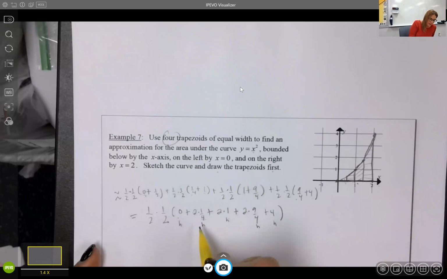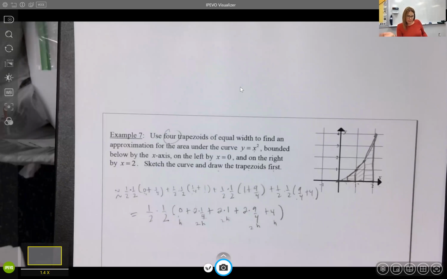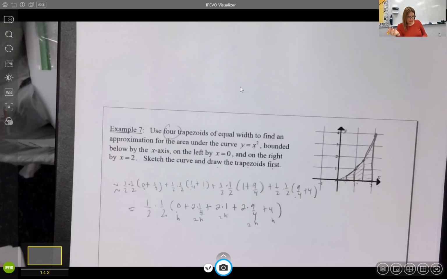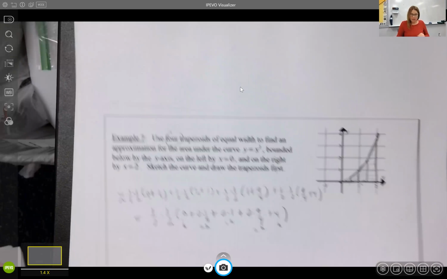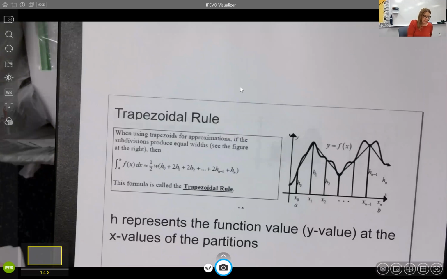But this one was doubled, and this one was doubled, and this one was doubled. So that's going to work for every trapezoid. So we come up with the trapezoidal rule by following this pattern. It's a fast way to do this.